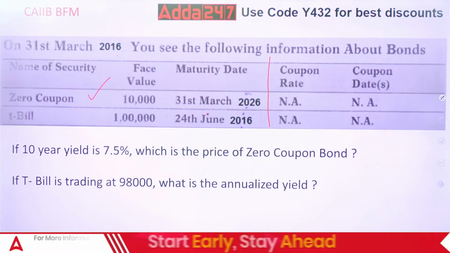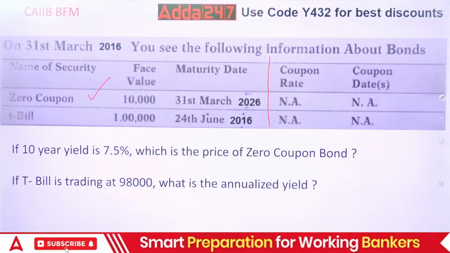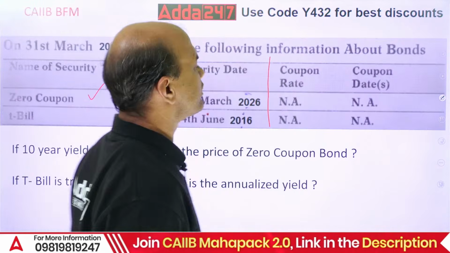Kindly note, you want the price of the zero coupon bond. Can anyone solve this?